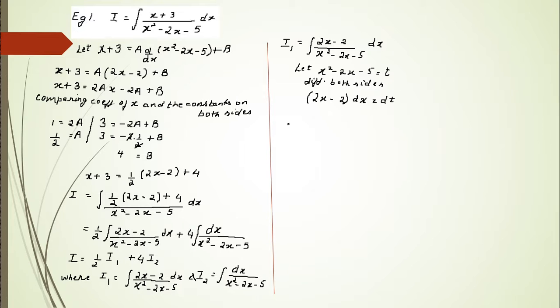Now we can continue. I1 is equal to integral. Now this 2x minus 2 dx can be written as dt, so here we'll write dt divided by, now x square minus 2x minus 5 is t, so I get dt by t, right?